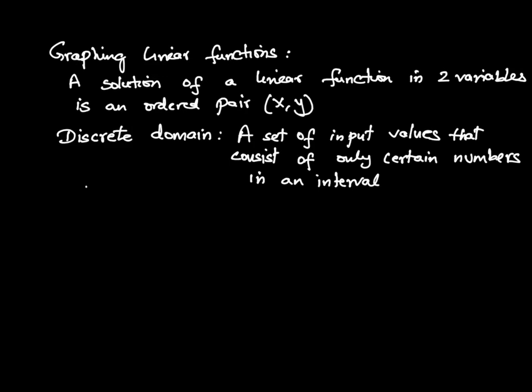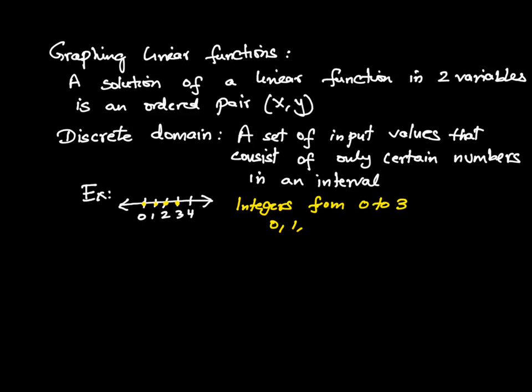So not the entire interval, but only certain numbers. On the other hand, if you have continuous domain, that's like a whole interval. So for example, if I have these numbers 0, 1, 2, 3, and those values are chosen as x, so 0 to 3 are making a discrete domain.